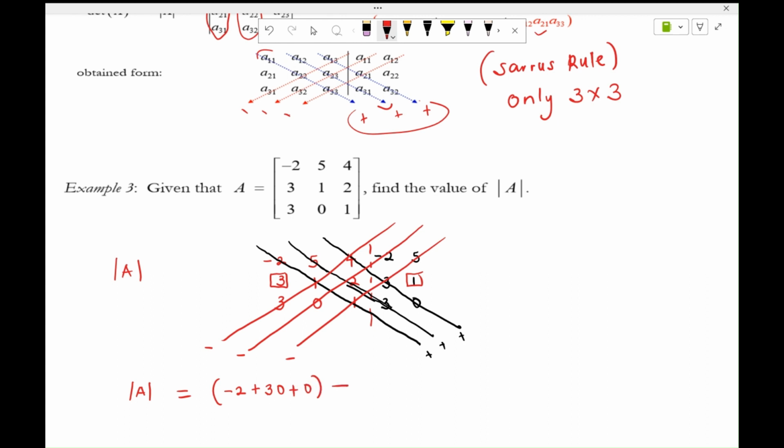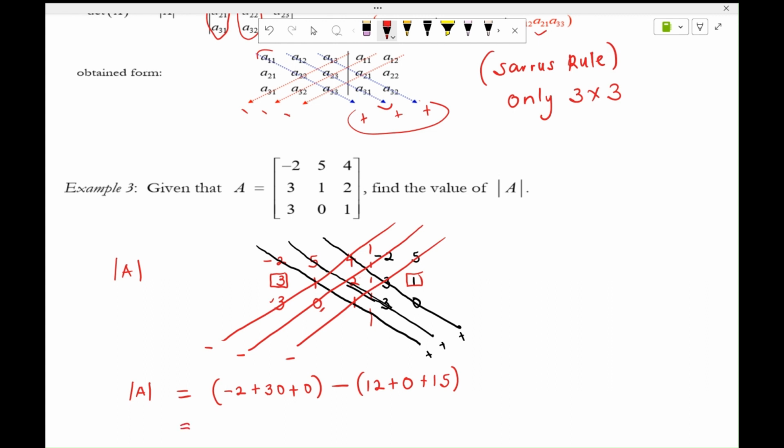Now minus, you go for the red, the minor diagonal. You can start from any one. Here you have 3 times 1 times 4, which will be 12. Then here you have 0 times 2, which is just going to be 0. Then finally we have 1 times 3 times 5, which should be 15. All right, so what do we have here?